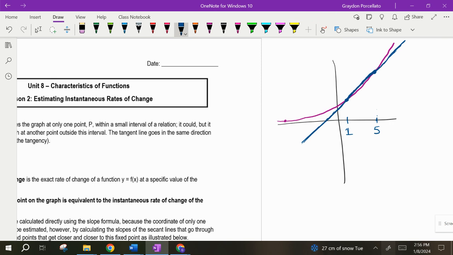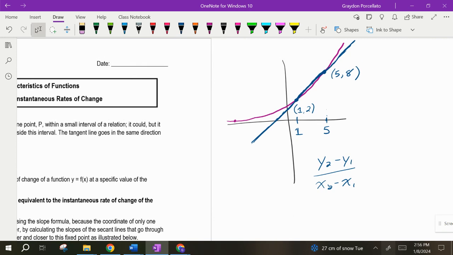So yesterday we determined that this coordinate maybe is (1, 2), and maybe this coordinate is (5, 8). And we used our slope formula that you've been using for the past few years, which is y2 minus y1 over x2 minus x1, to determine the slope of what we call the secant line.